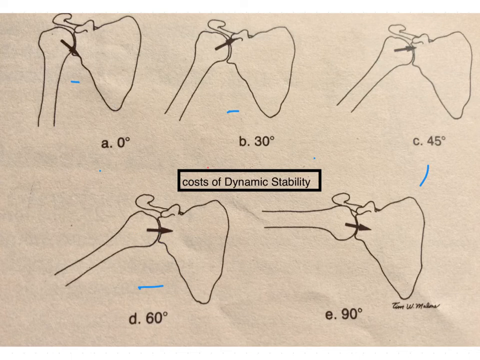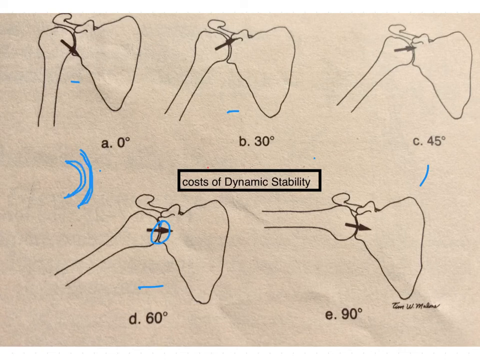Some investigators like Inman, Saunders and Abbott add a fourth point here. The fourth point is the force of friction and the joint reaction force. That means any shear force within the glenohumeral joint creates some friction across its joint surfaces, that is, between the head of the humerus and the glenoid fossa.